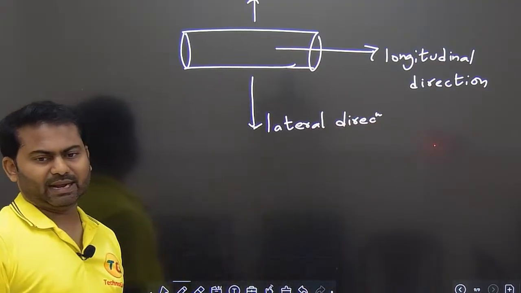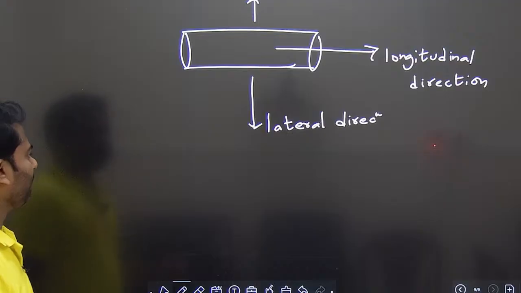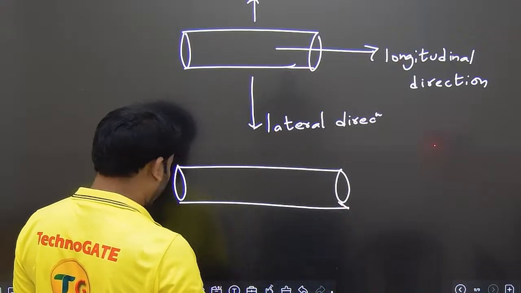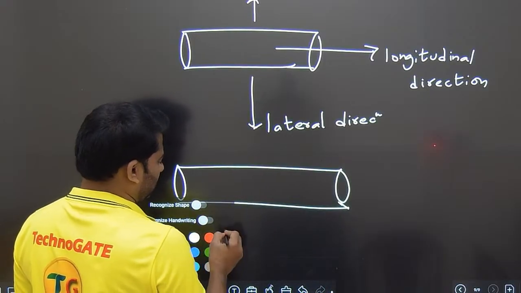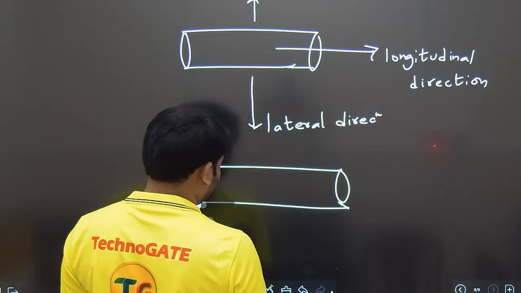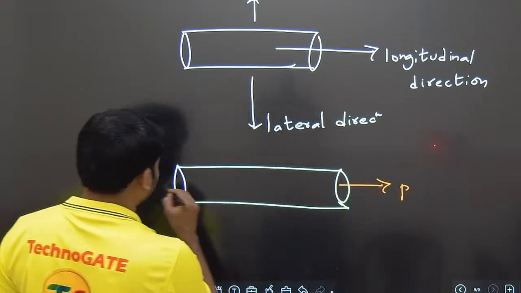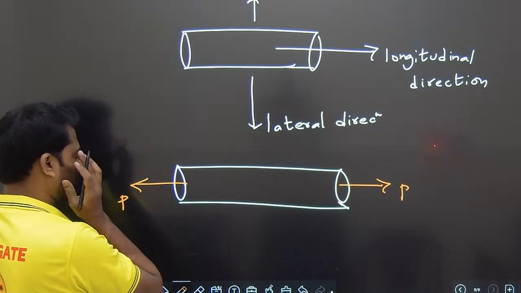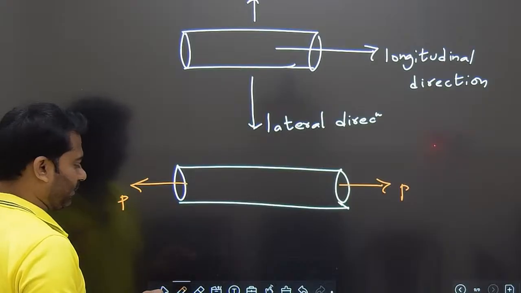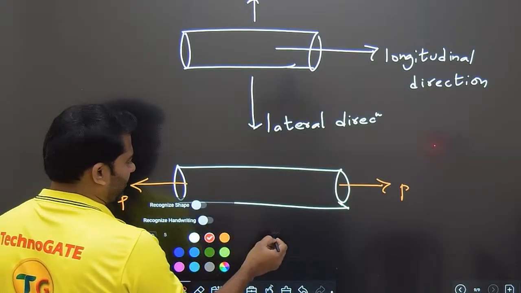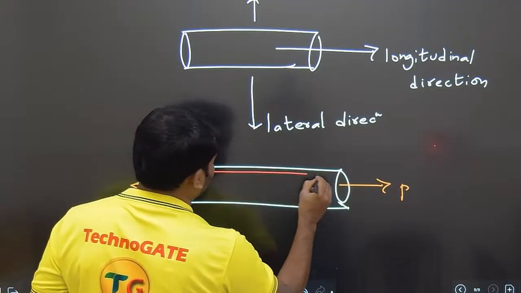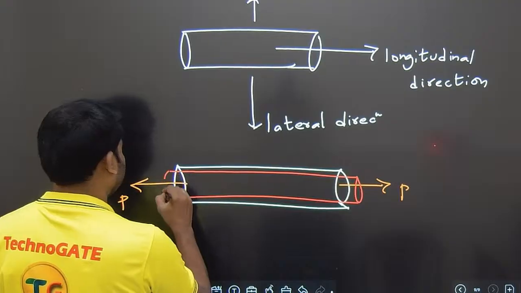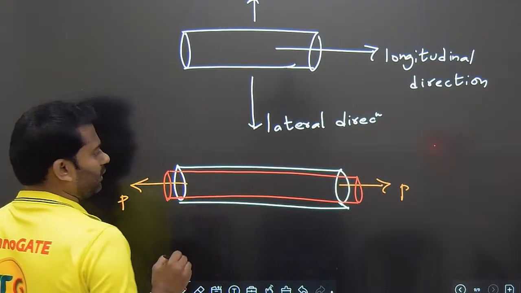Now, when I apply a force along the longitudinal direction, stress automatically comes up. Due to this, the member will undergo elongation like this.